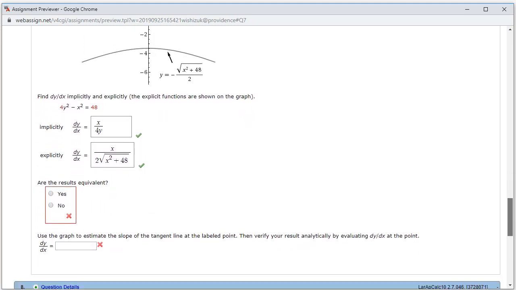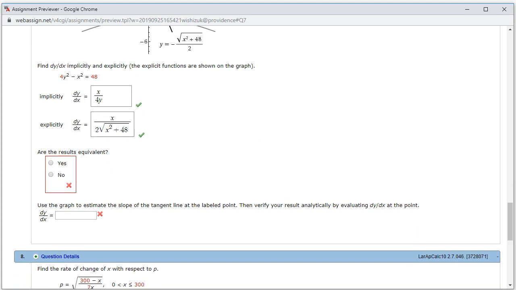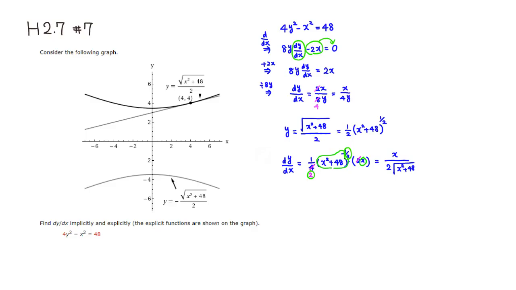Are these results equivalent? Let's check to see if they are equivalent. Since we have the equation y is equal to the square root of x squared plus 48 over 2, why don't I plug this in here?